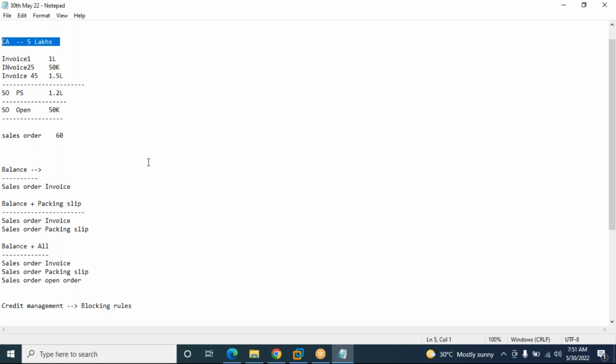If it is non-moving stock, there is no use. Suppose I'm purchasing mobiles, mobiles will be a fast-moving product. If I'm purchasing a projector, no one will purchase it, so it is non-moving stock. I cannot purchase in bulk.